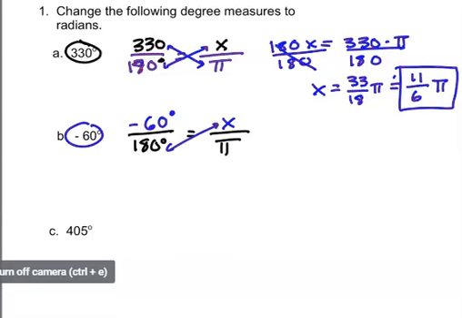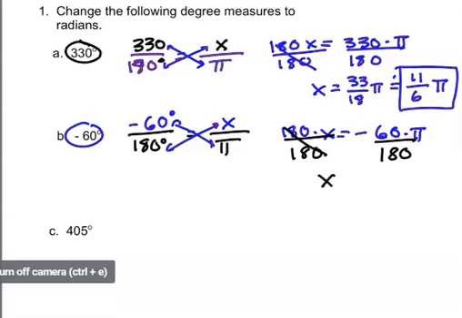Okay, so we'll go 180 times x equals negative 60 times pi. We'll divide both sides by 180. And I can reduce 60 over 180 to 6 over 18, and then I can reduce it even further.